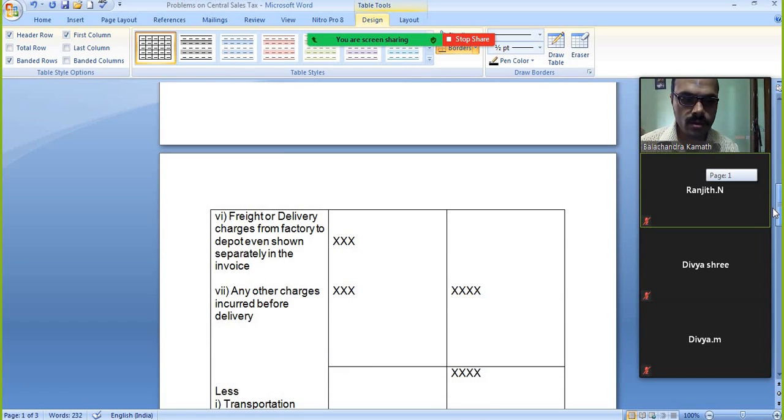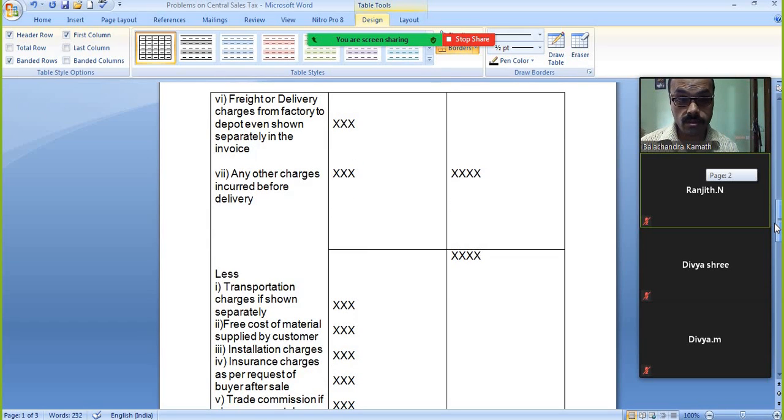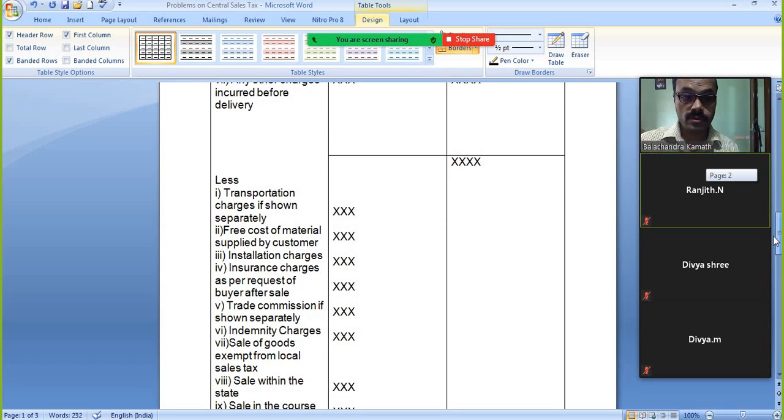Okay, so after you add all these things, all the expenses which are incurred before the delivery of goods to the buyer need to be added. Then from that total, you deduct transportation charges if shown separately.